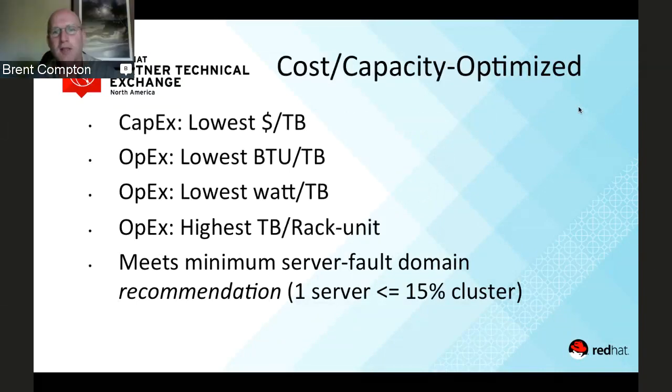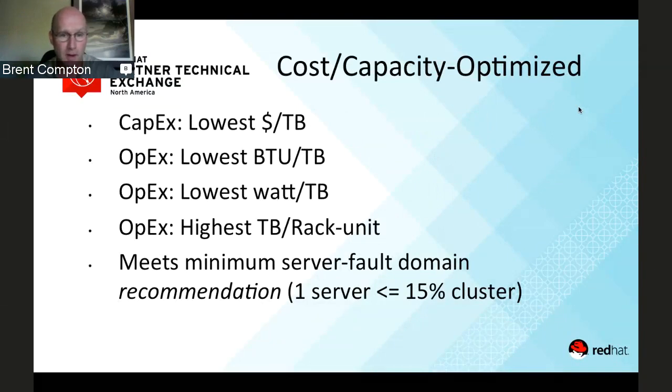Okay, and then cost capacity optimized, said otherwise, cheap and deep. Of course, the governing attribute is lowest cost per terabyte. But again, it's also a capex and opex game, so the same opex things matter here. But instead of looking at best performance per thermal unit or watt, in this case it's back to cost capacity optimized.